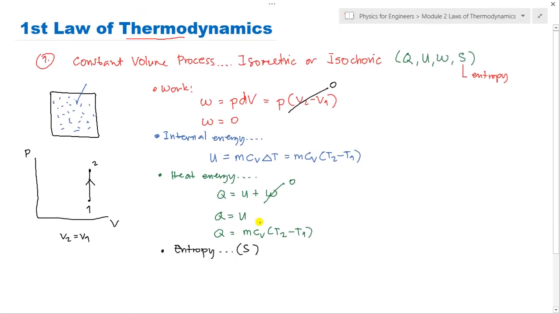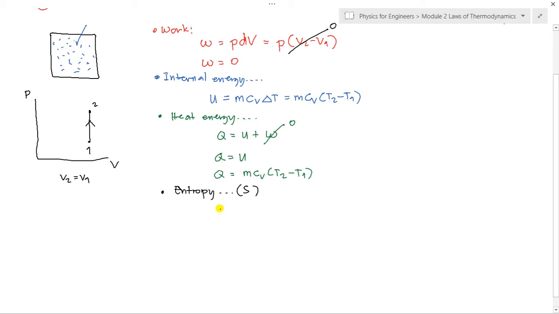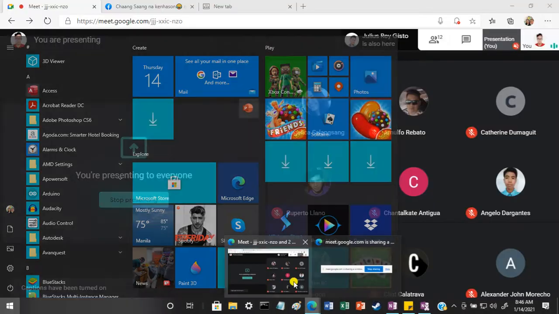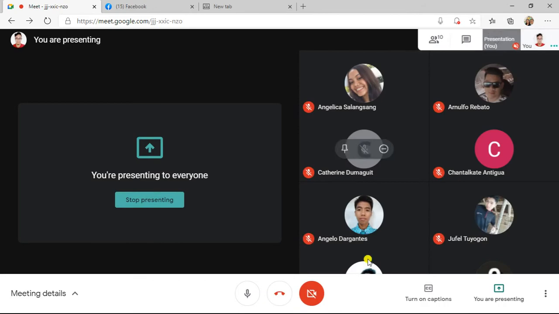Earlier we had the general formula for work, PdV; for internal energy, m Cv delta T; and for the first law, Q equals U plus W. Here, the general formula for entropy: dQ equals the temperature multiplied by dS. Therefore, we need to integrate to get the exact value of S.